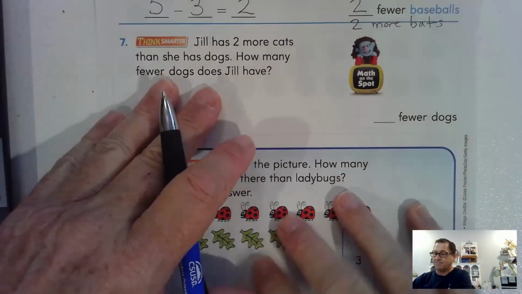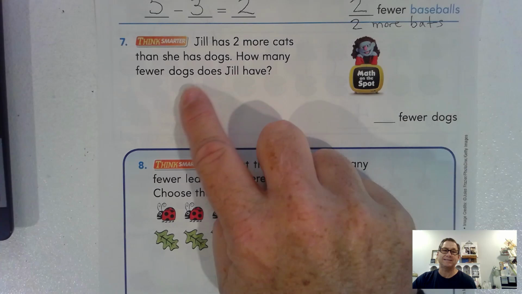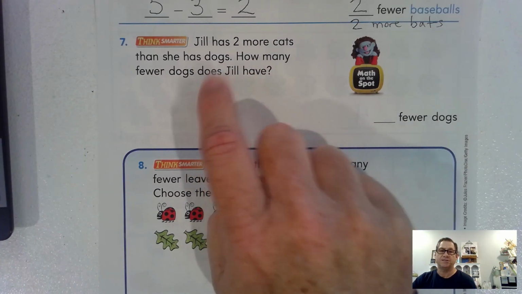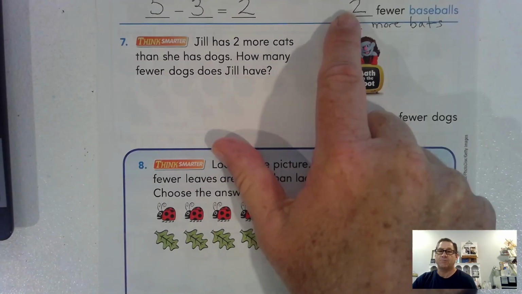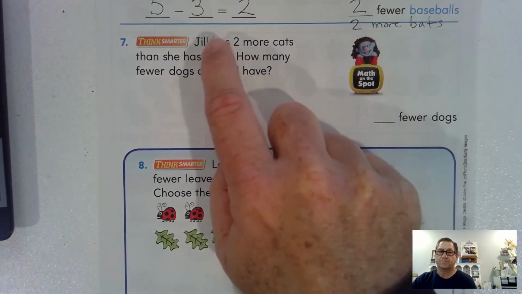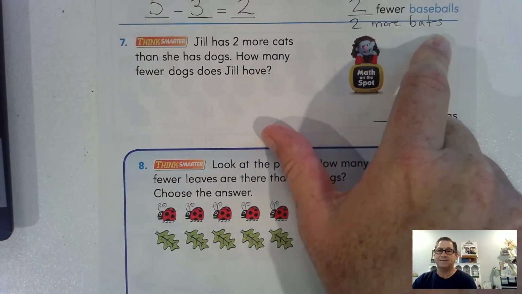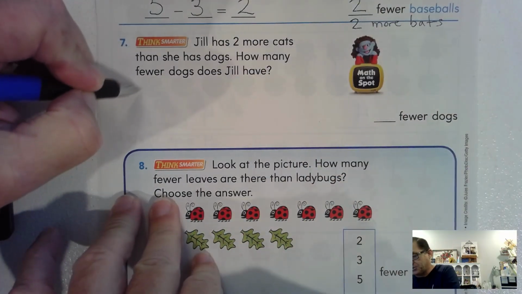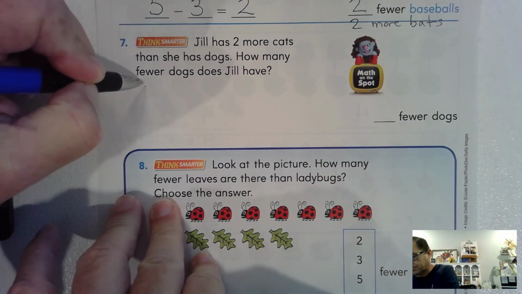Okay, number 7. Jill has 2 more cats than she has dogs. How many fewer dogs does Jill have? So again, this is just what we've been doing, right? If you have 2 more cats, it's the same as saying 2 fewer dogs. And I can show that. Okay.